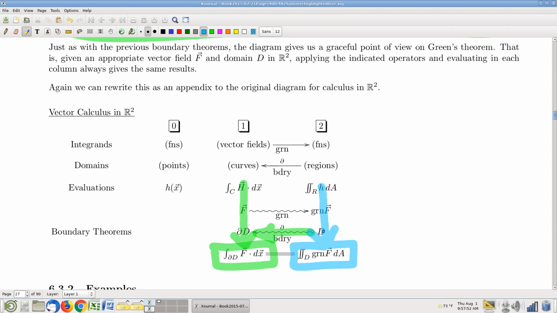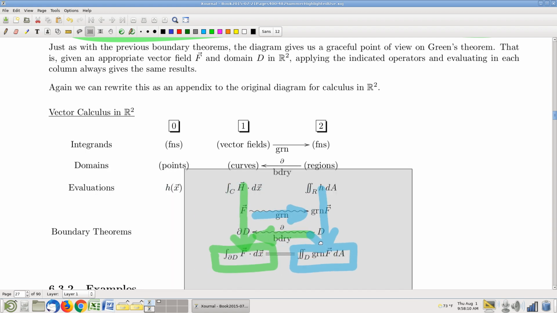It's a double integral over the original interior of this new thing called Green's operator. So there you go. Again, the pattern identical, same thing. Just shifted over as promised. Just shifted over one notch on the diagram.